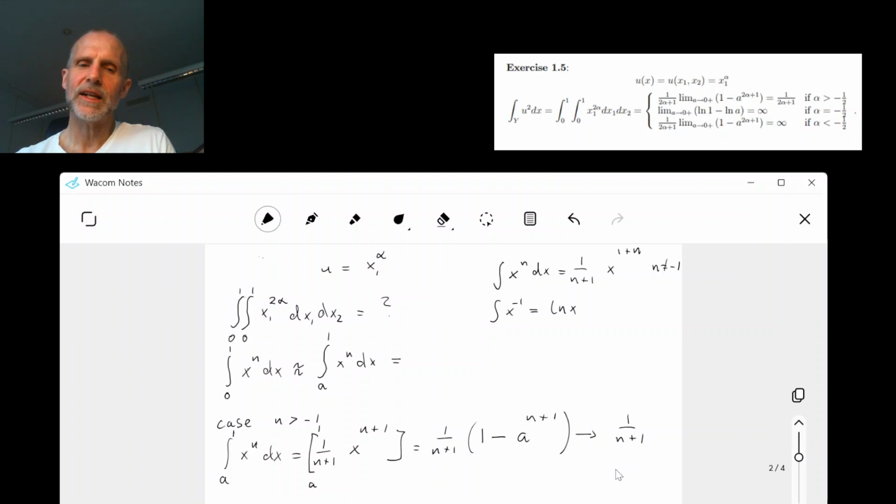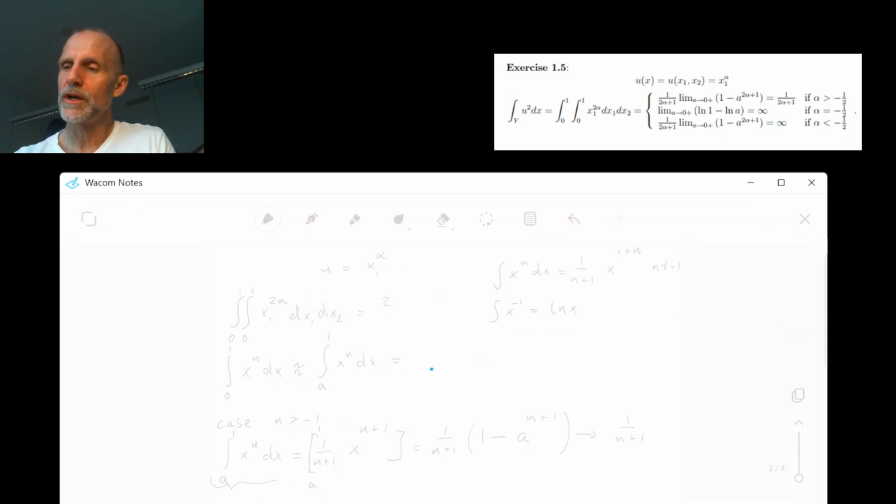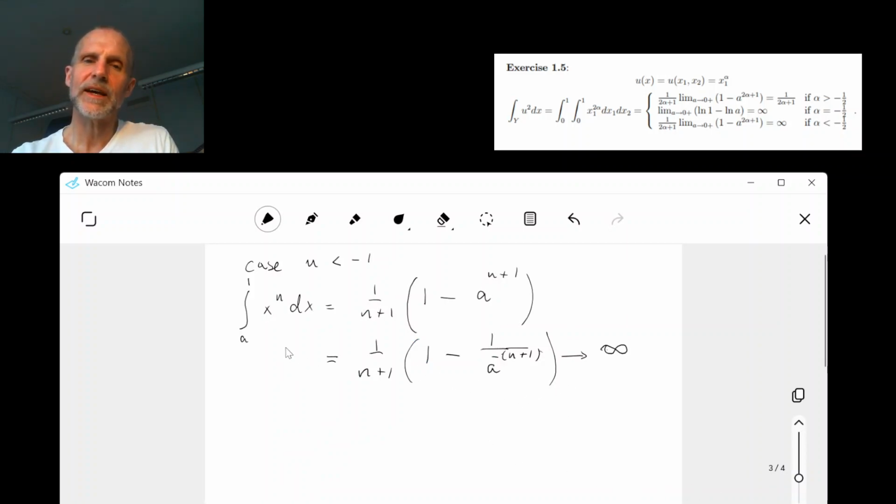We obtained that the limit of this integral goes to 1 over n plus 1. But in the case when n is less than minus 1, we obtain that this integral is going to infinity.